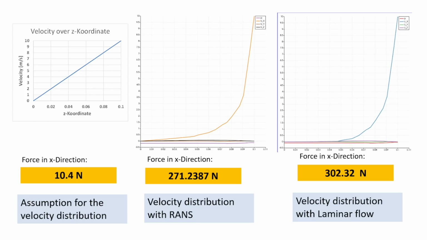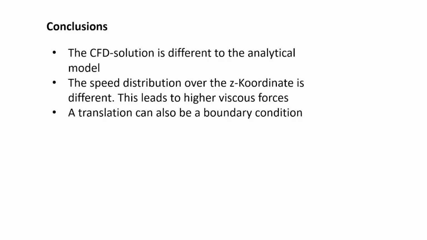And the model with a laminar flow leads to a force of 302.3 Newton. You see that the velocity over the z coordinate is comparable, but with small differences. This difference also leads to the different forces in x direction.